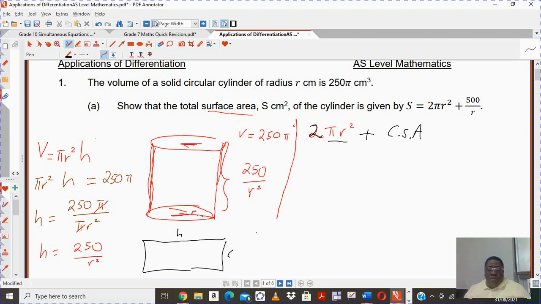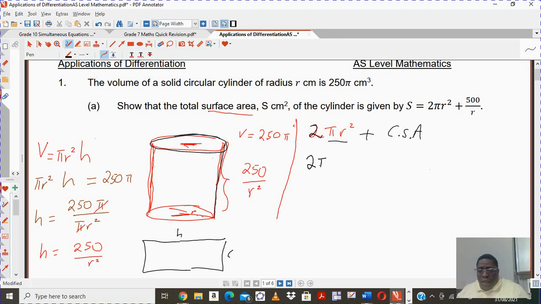The circumference of a circle is 2 pi r, and you multiply it by the height. Okay, so let me write it in nicely. The curved surface area is ordinary level work that you are supposed to remember.